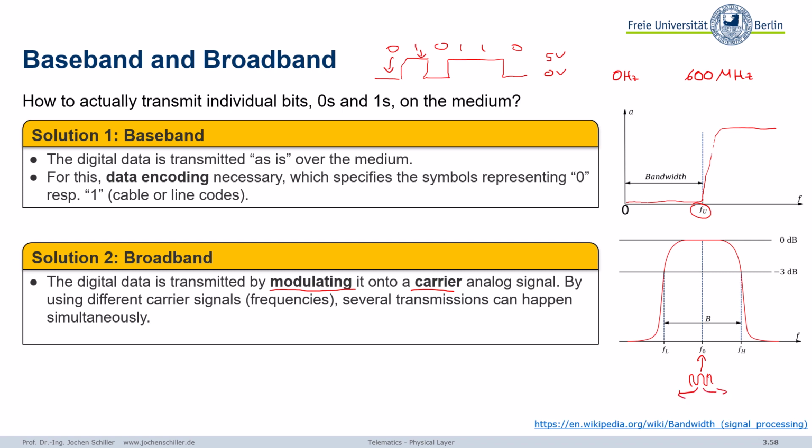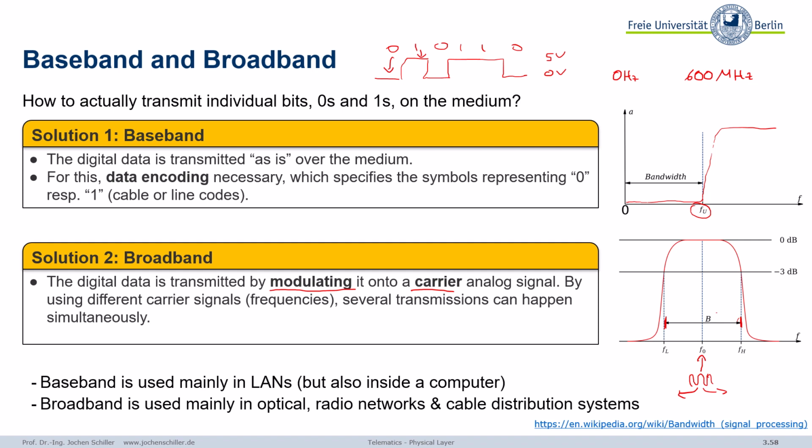And as we'll see, all these manipulations result in a signal that occupies a certain bandwidth in the spectrum. And here we can also transmit our data, because we learned, okay, if we sample, etc., 2 times the higher frequency minus lower frequency. Okay, fine, perfect. We can squeeze in our data here. But we have to do something. So these are the 2 fundamental methods we will have a closer look at.